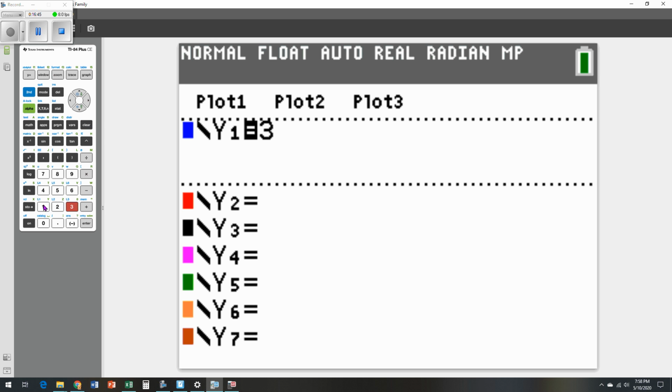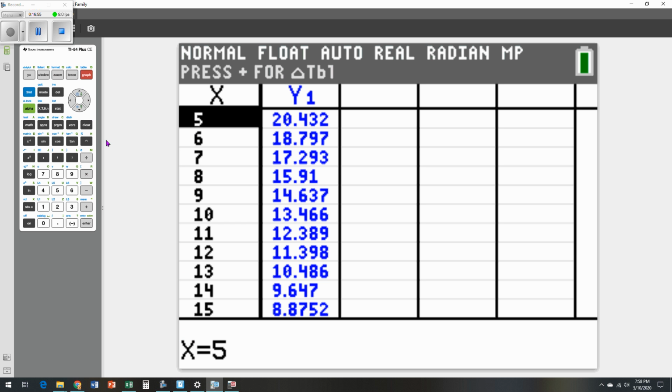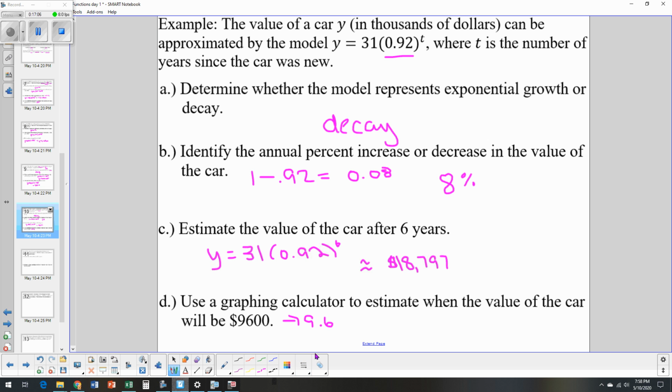So that was 31 parentheses 0.92 to the x power. And I'm looking at the table of values. I'm looking for the closest I can get to 13. It seems to be pretty much between those two, so I'm going to say between 10 and 11 years. Sometimes we're not going to have the exact, and that's okay. Do your best estimate.